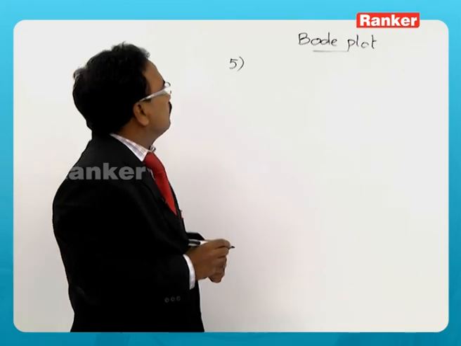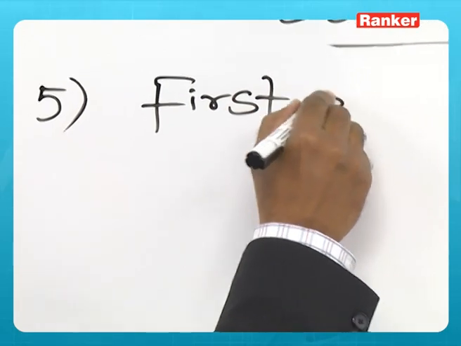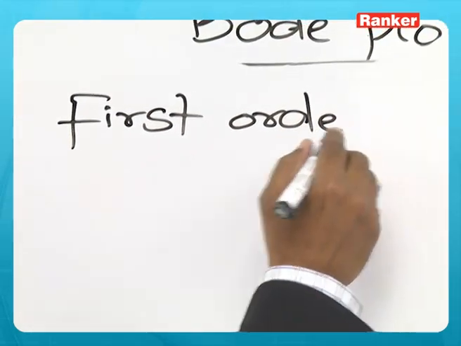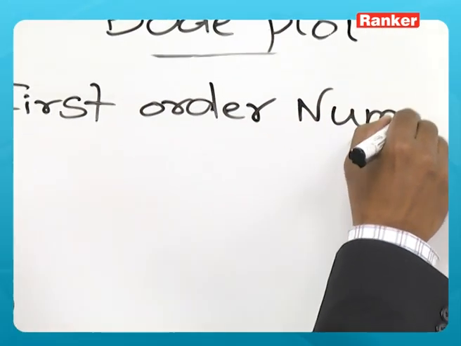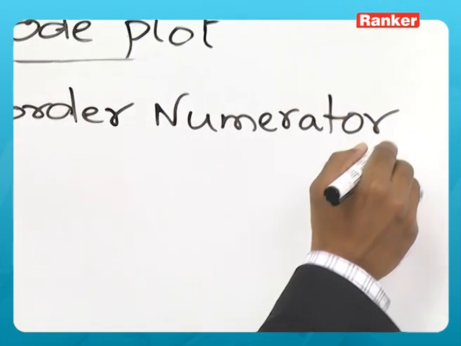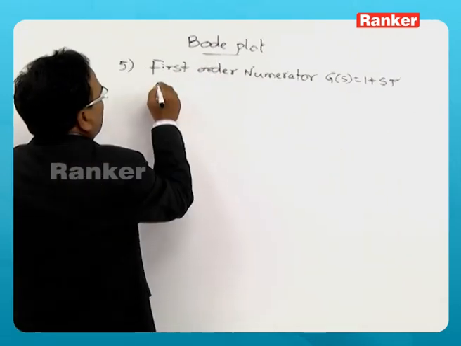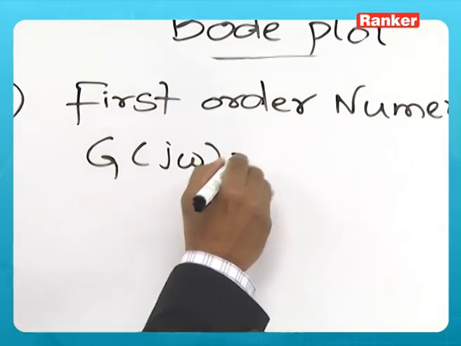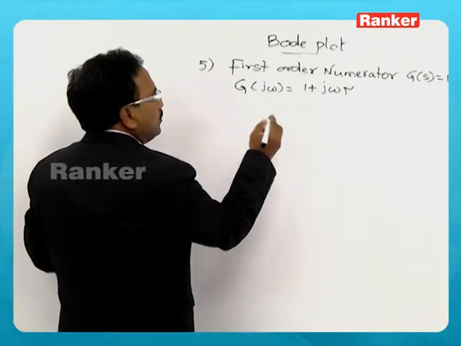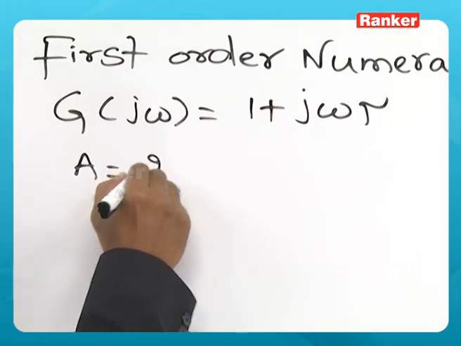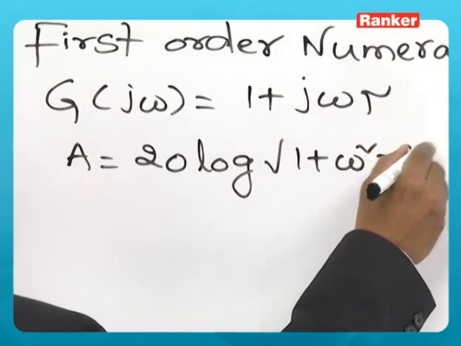Let us see for the first order numerator term now, how the magnitude and phase angle plot varies with omega. G of s is equal to 1 plus s tau, whose sinusoidal function is 1 plus j omega tau. Now the magnitude A is 20 log under root of 1 plus omega square tau square.